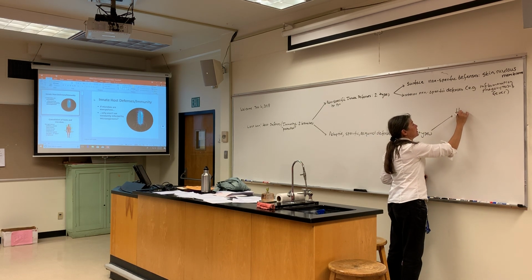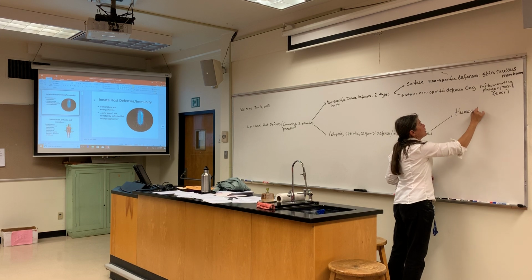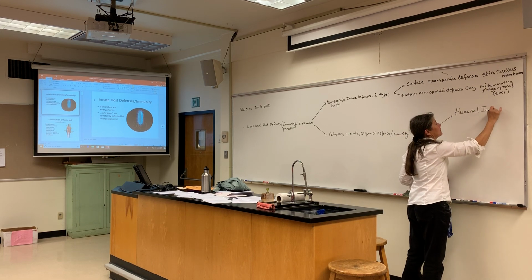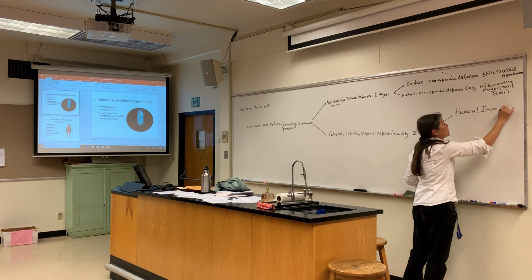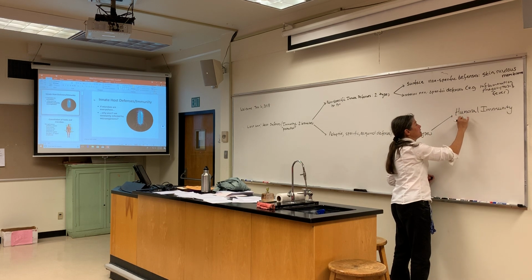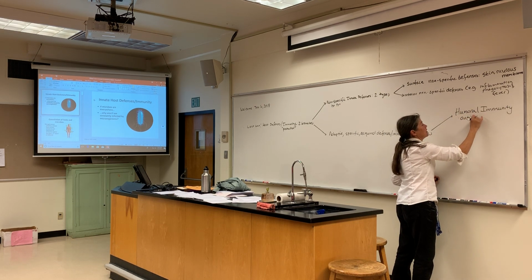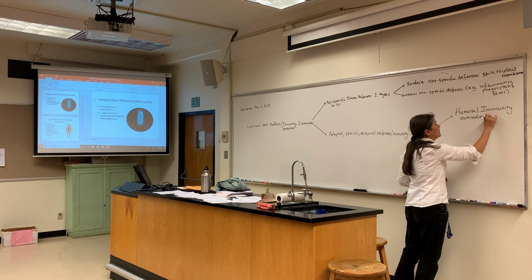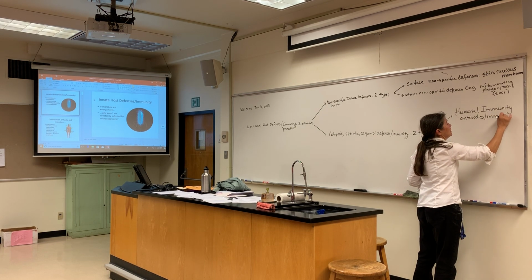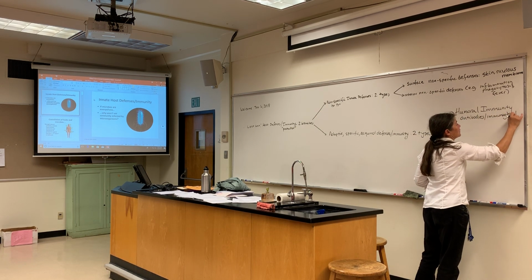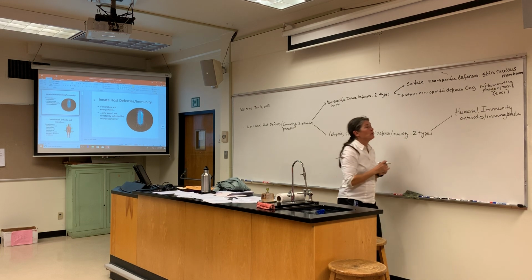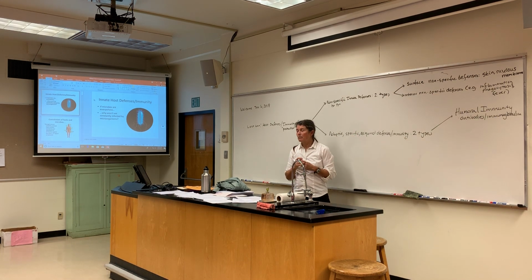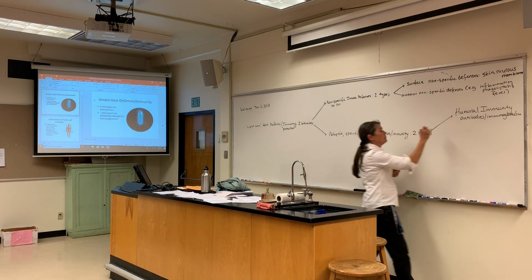There is humoral immunity. Humoral means fluids, and this is protection provided by antibodies, also known as immunoglobulins. And in general, humoral immunity provides protection against extracellular pathogens and extracellular toxins.